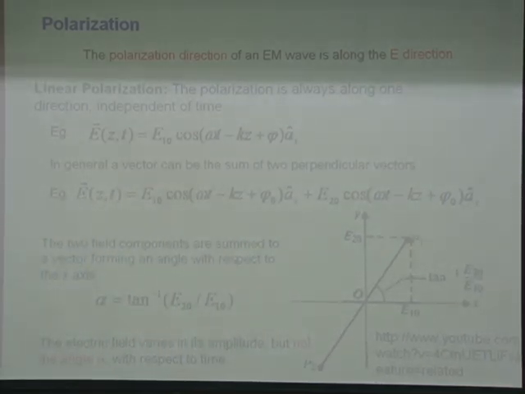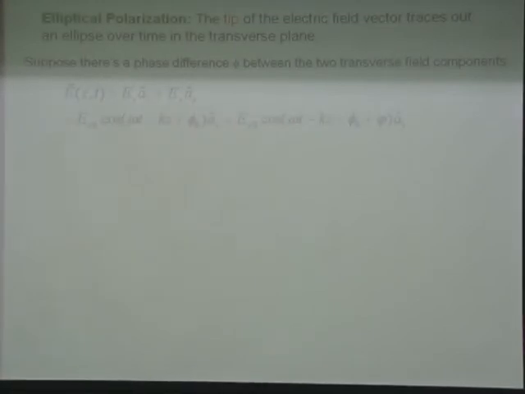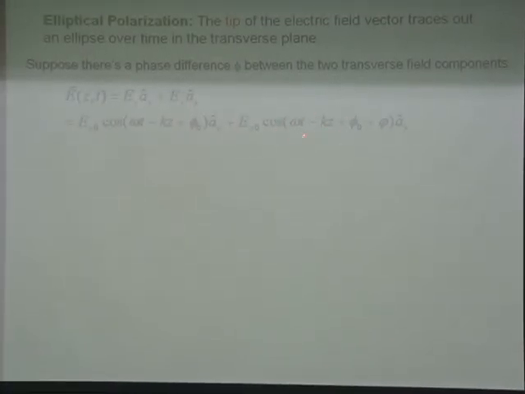But in general, there could be a phase difference between this component and this component. And the magnitude between these two components could be different as well. Okay, so this is a general case.